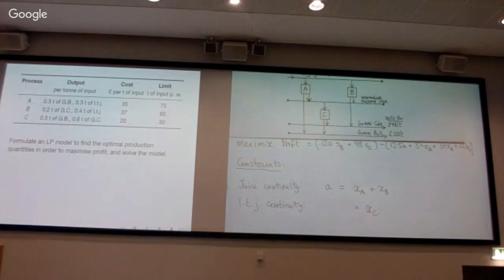You get it from box A, 0.3 tons per ton of input into A, and 0.4 tons per ton of input into B. XA is how much you put into A, and 0.3 times XA is how much you get out of A. XB is how much you put into B, and 0.4 XB is how much you get out of B. That's the total of the intermediate thickened juice you get.